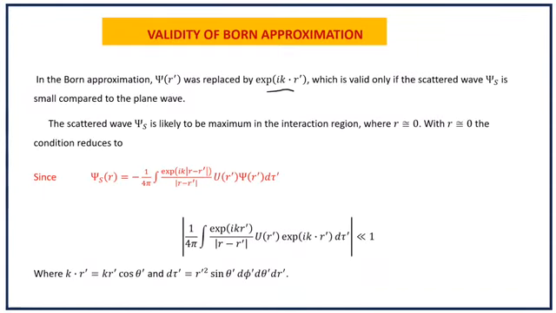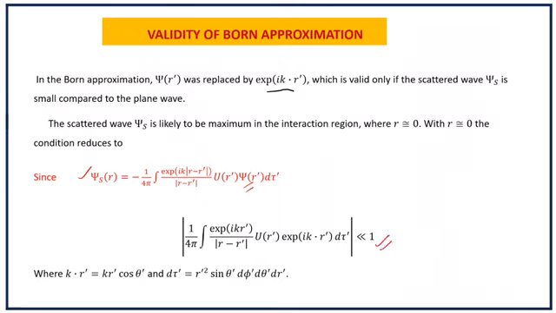In the Born approximation, psi r dash was replaced by e to the power i k dot r dash, where r dash is the position vector of the source point, which is valid only if the scattered wave function is very small compared to the plane wave. The scattered wave function psi s is given by this and psi r dash is taken as e to the power i k dot r dash. They are mod very much less than 1.